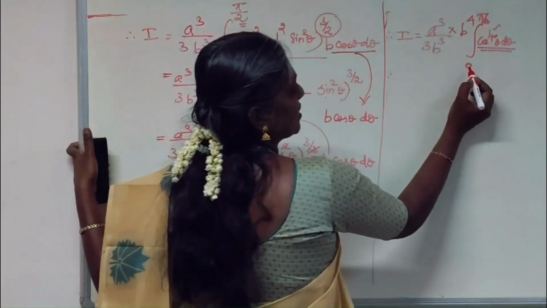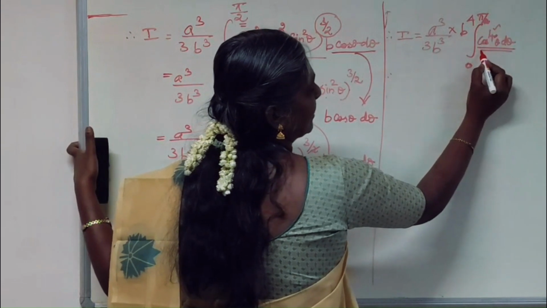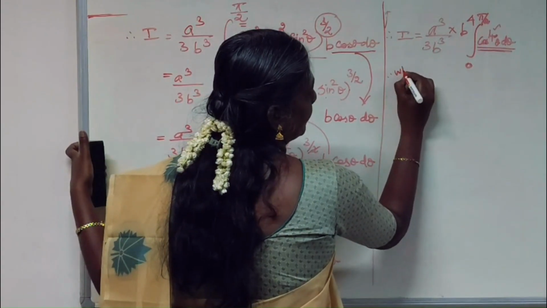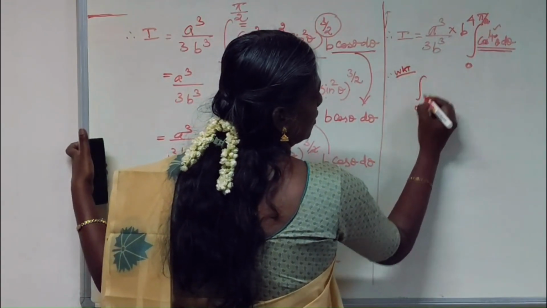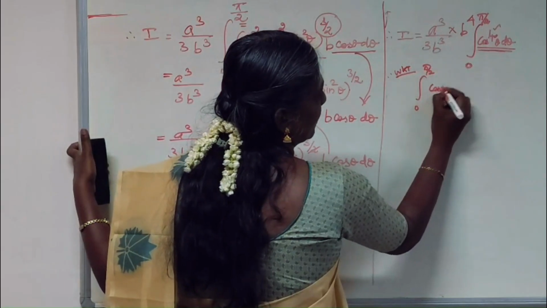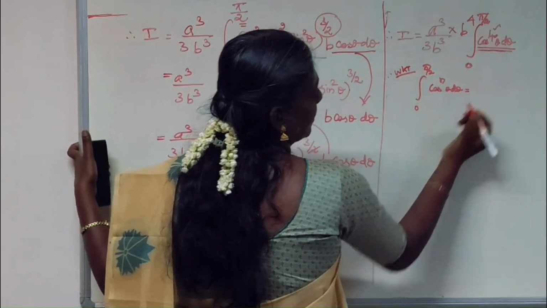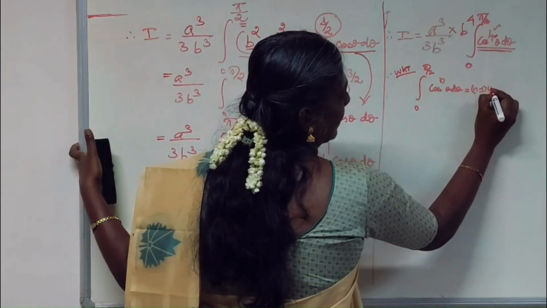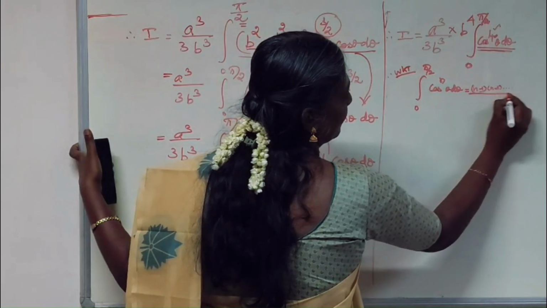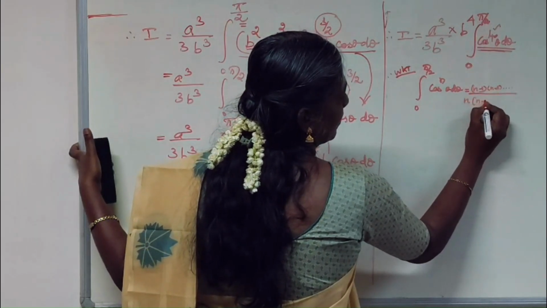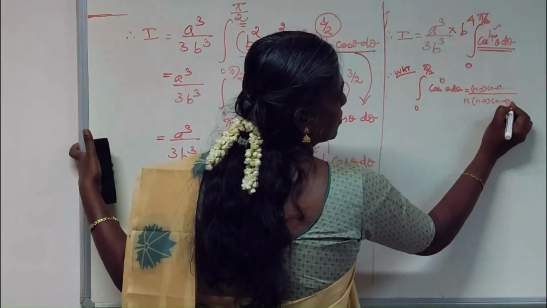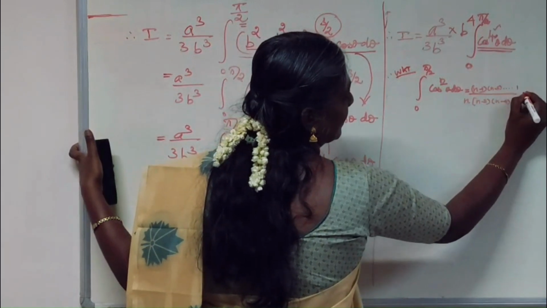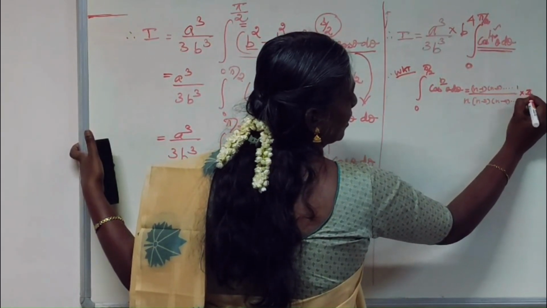Here the range is 0 to pi by 2. For this integration, you are going to use the recurrence formula. We know that the integral over 0 to pi by 2 of cos power n theta d theta is, in the numerator, n minus 1, n minus 3, and it goes on, divided by n into n minus 2, n minus 4, likewise. Suppose this n is even, finally we multiply by pi by 2.